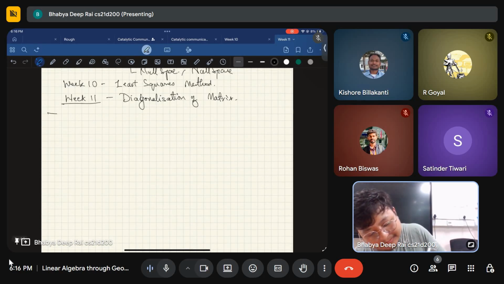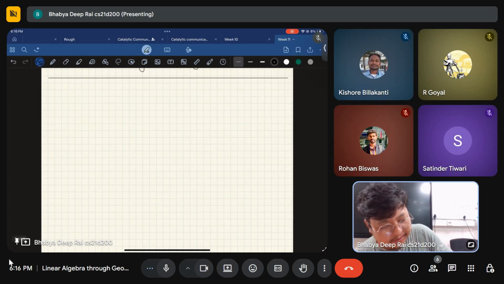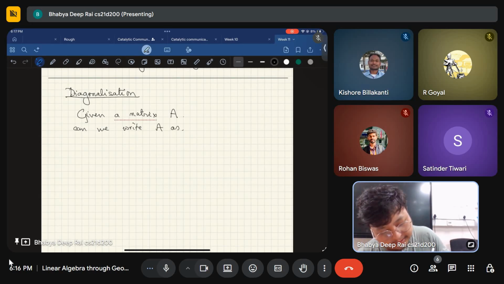The question that we want to ask in diagonalization is as follows. Given a matrix A, can we write A as follows?